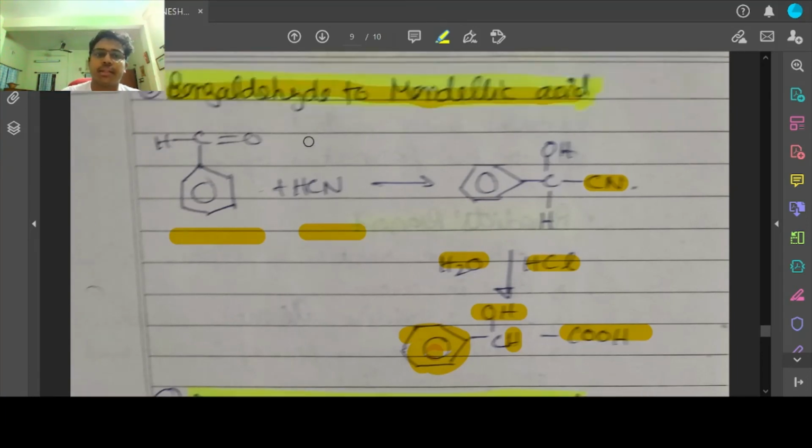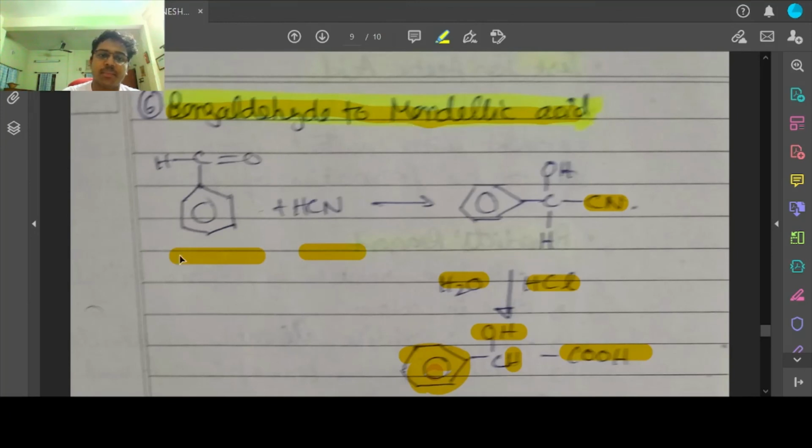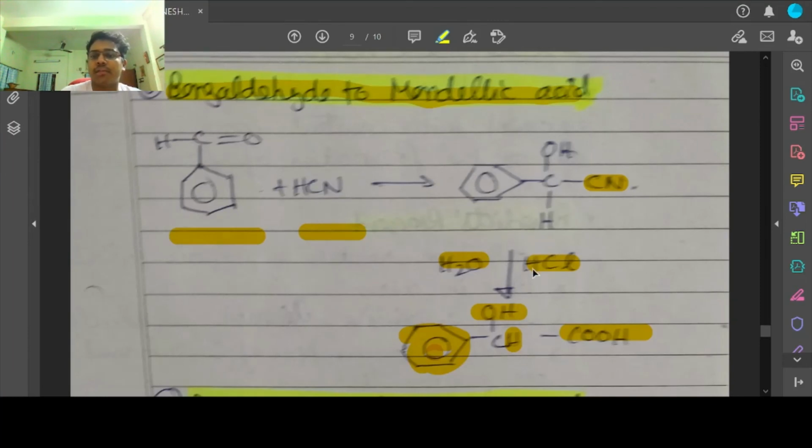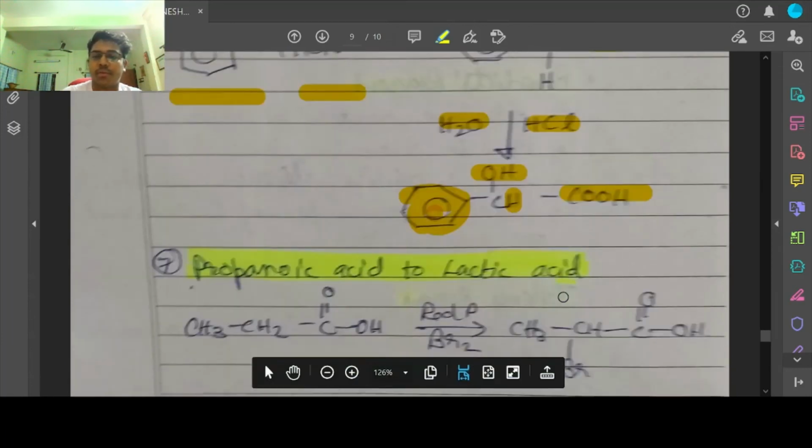So this is benzaldehyde to mandelic acid: benzaldehyde on treatment with HCN, bond breaking and the reaction occurs, then we treat it with H2O and HCl. This H2O and HCl converts the cyano group into a C double bond OH group.